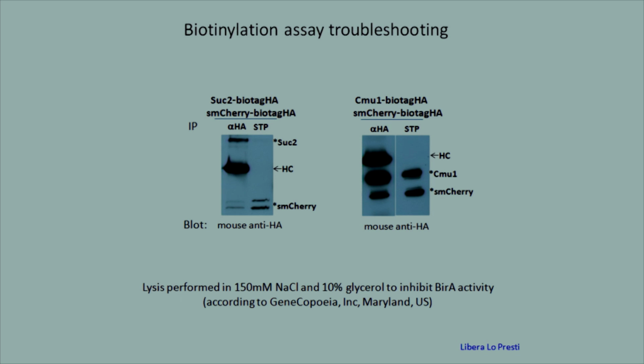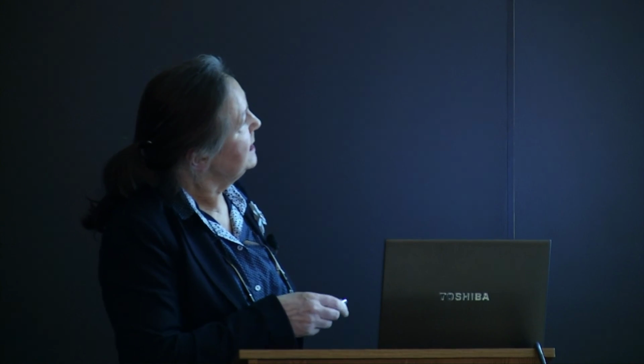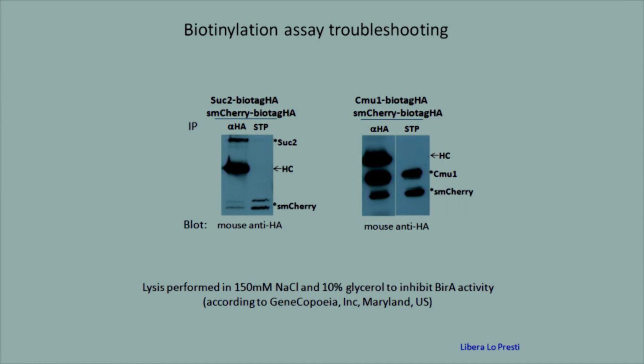And in addition, we decided to modify the system in such a way that rather than having a separate control and a separate effector we wanted to test for transfer, to actually express both biotagged proteins from the same fungal cell. So in this case, the invertase was tagged and mCherry was tagged.